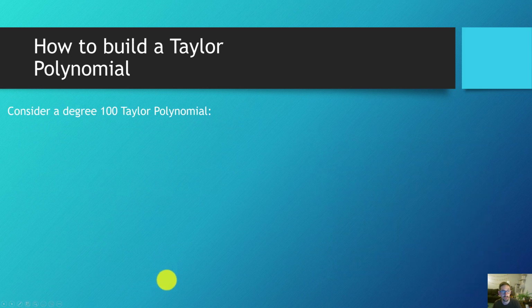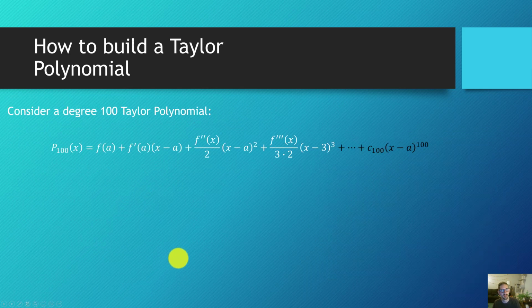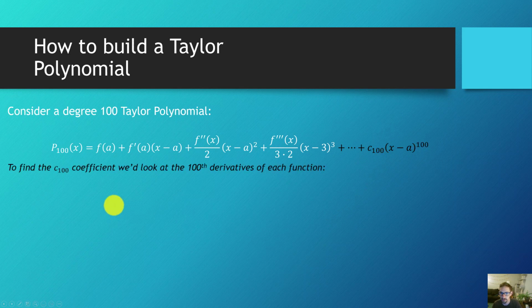So now consider a degree 100 Taylor polynomial. I use the dot notation here to say we stop at 3 and then it keeps going, following the pattern, and then c100 times (x minus a) to the 100. So let's think about what we would need to do here. To find the c100 coefficient, we'd look at the 100th derivative of each part of this function. Everything other than this term will go to 0, because if we take 100 derivatives, it'll eventually all go to 0.